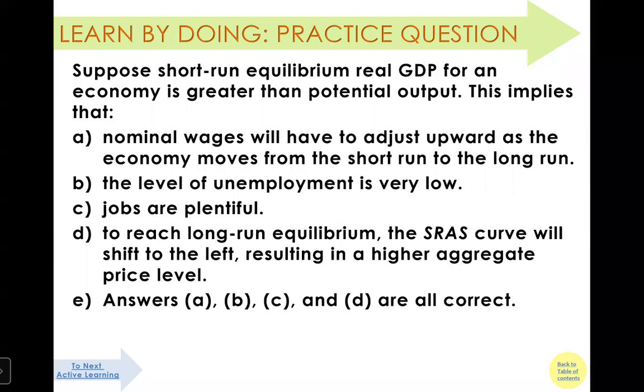Now instead of less than, we are in the other situation, greater than potential output. Again, here we focus on demand shock. So this means we have a positive demand shock. We are in an inflationary gap.